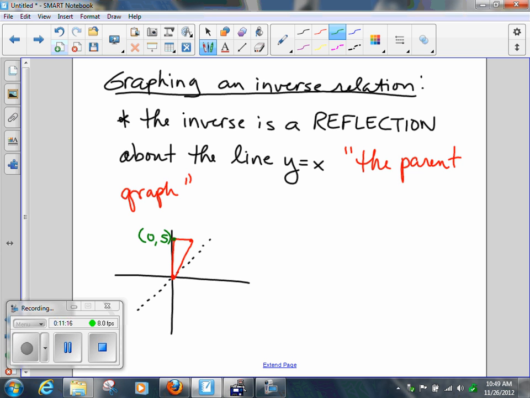Then what's its inverse? (5, 0), which is going to be out here, isn't it? And if I were to say that this value was (2, 5), then its inverse would have to be what ordered pair? (5, 2), which would be up here somewhere.